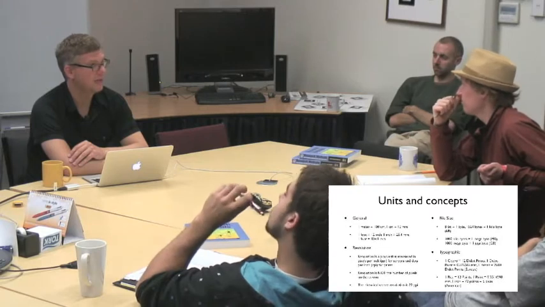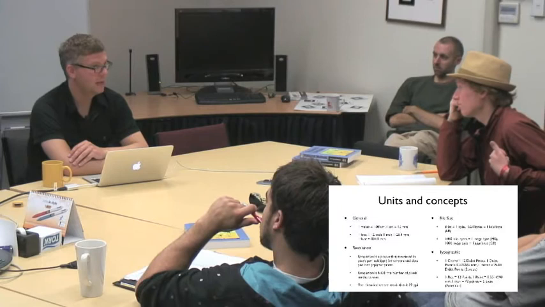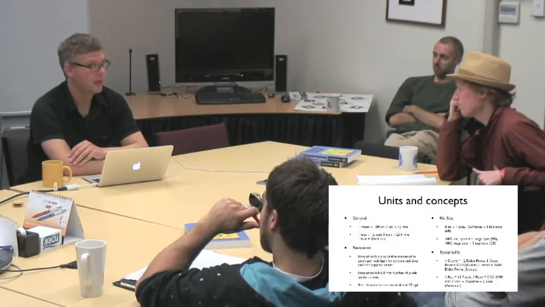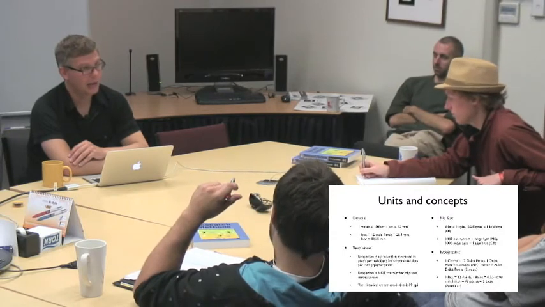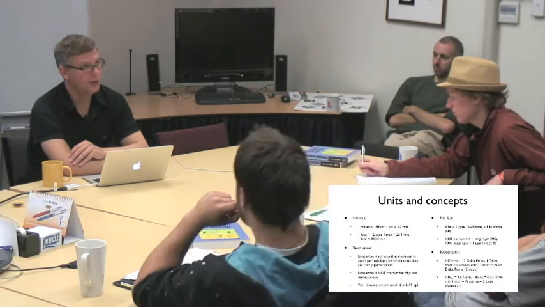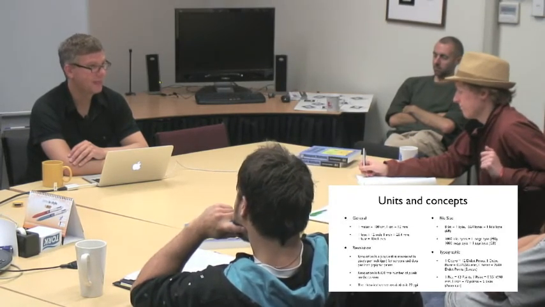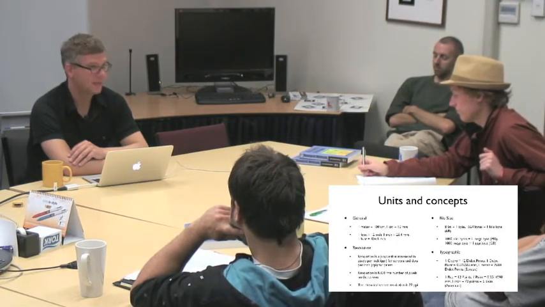And 8 bits equals? 1 byte. So for 1 pixel, how many bytes do you need? 3. Exactly. So this way you can calculate how much memory you will need to have an image in RAM. You need 3 bytes per pixel.